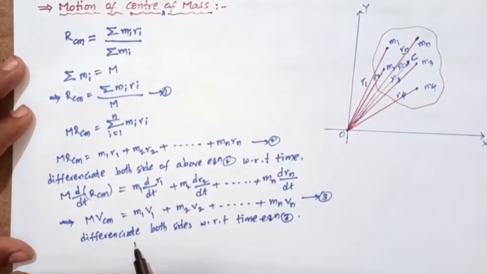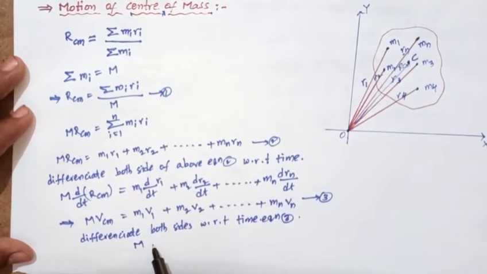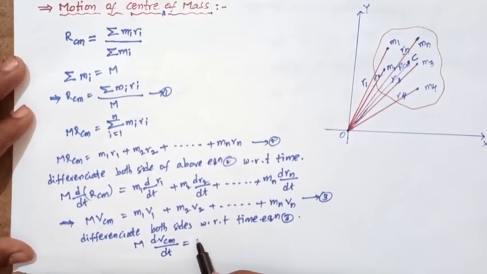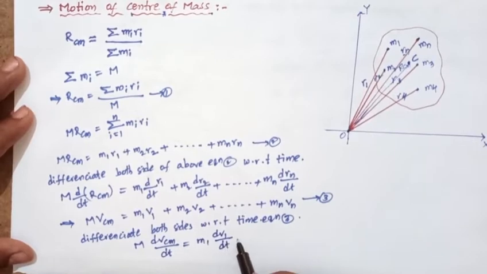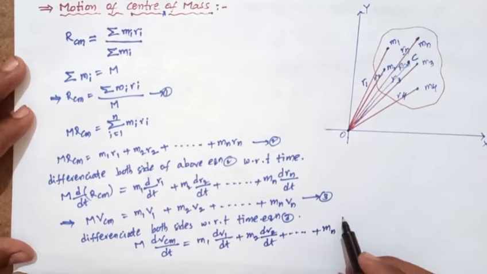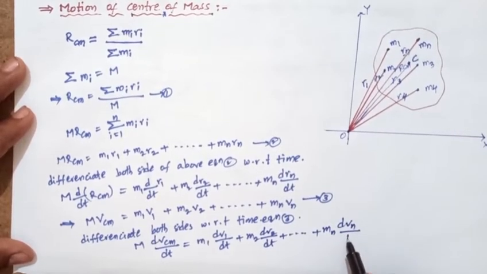Here M is constant, so M dVcm by dt equals m1 dV1 by dt plus m2 dV2 by dt, and so on, plus mn dVn by dt.